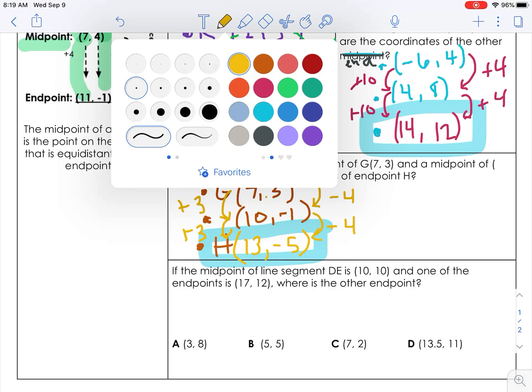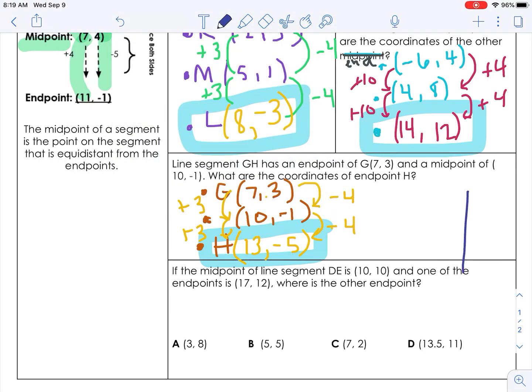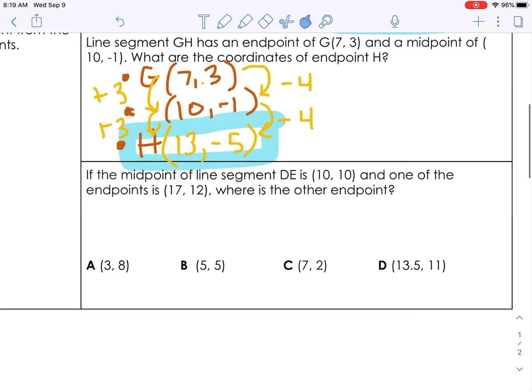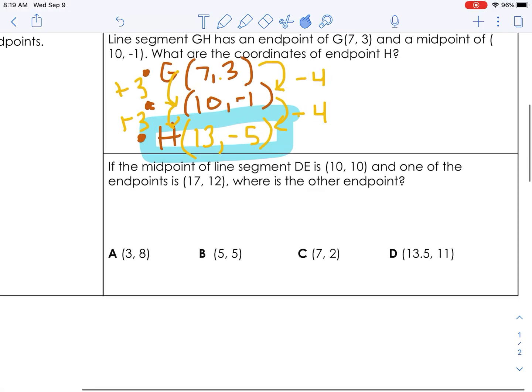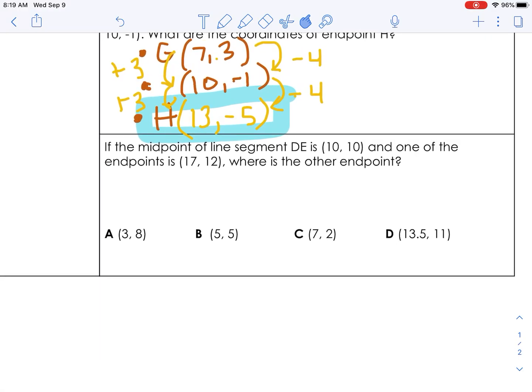All right, we've got another one here. The midpoint of line segment DE is at 10, 10, and one of the endpoints is at 17, 12. Where is the other endpoint? So we're just going to draw that out for ourselves.